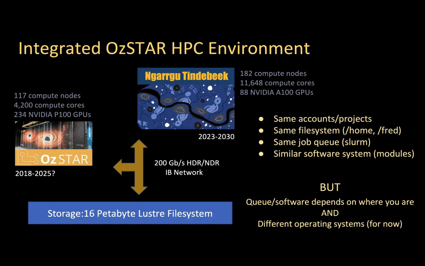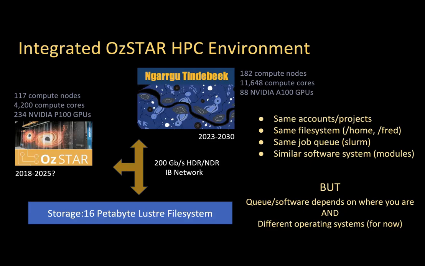So I think the key factor is making sure that your jobs end up where you want them to go. And that's as simple as making sure that you submit the job from the head node of the machine that you want to run on. So if you want to run your job on OzSTAR, you make sure you SSH into OzSTAR and that you're on either the Farnacle 1 or Farnacle 2 head node, and submit your job from there, and it will be launched onto the OzSTAR compute nodes.